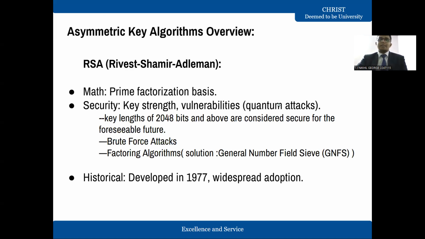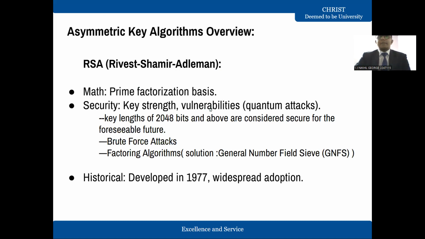Rivest, Shamir, and Adleman were the three cryptographers who started making this cryptography. The math behind it is prime number factorization. They take two numbers and factorize, and further do certain calculations for encryption and decryption using the mod function.